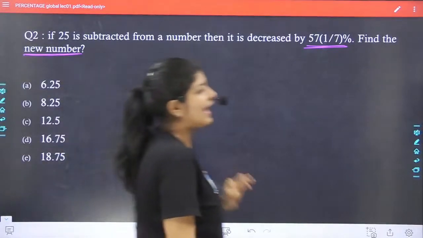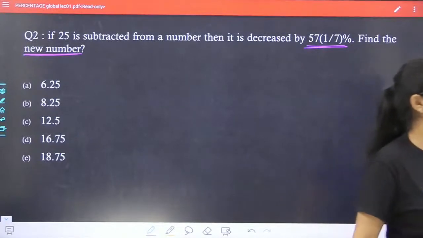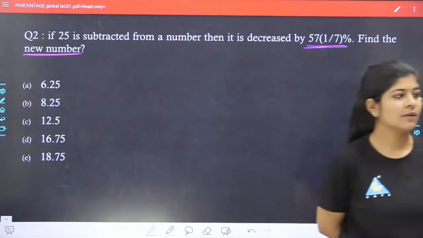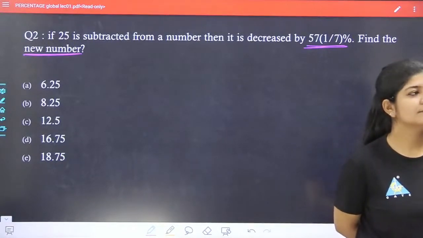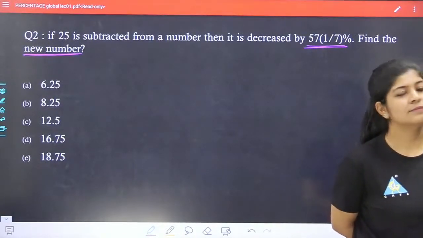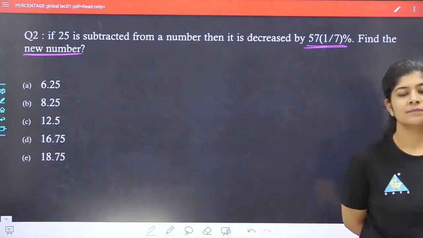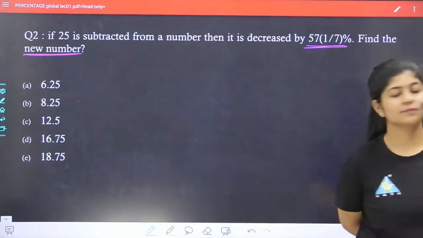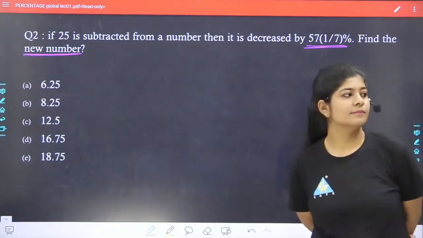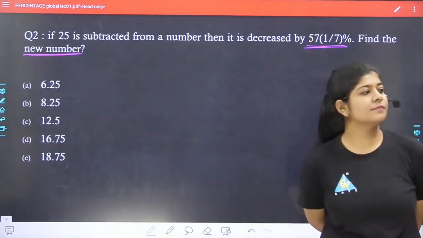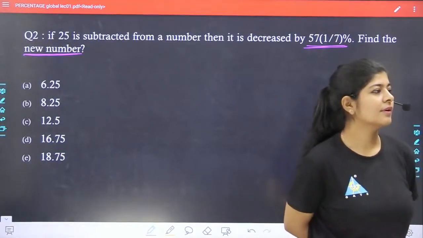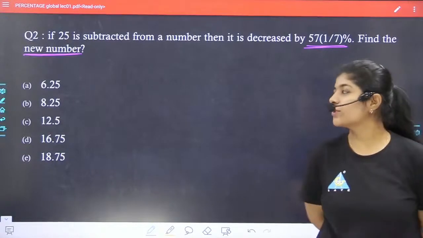This time we have to calculate the new number. What is the correct answer of question number two?